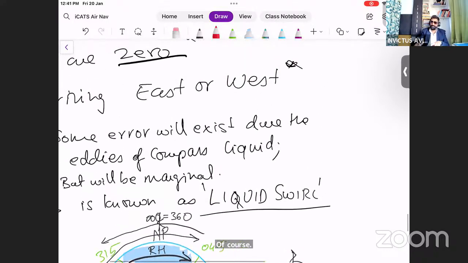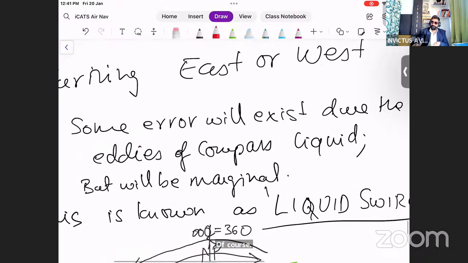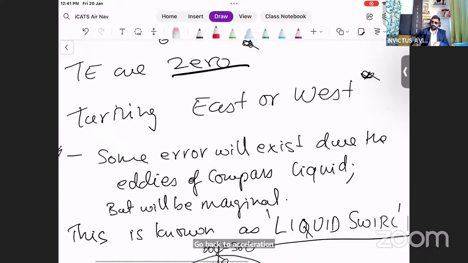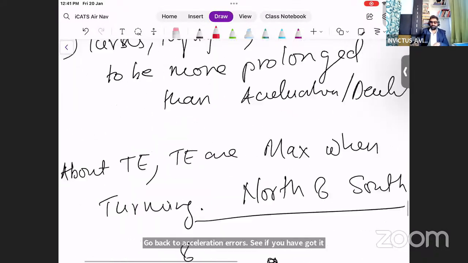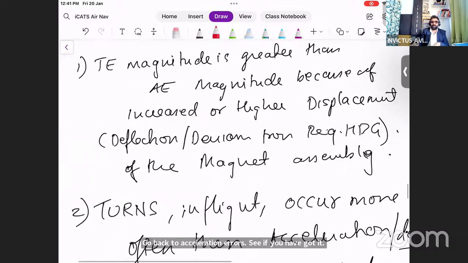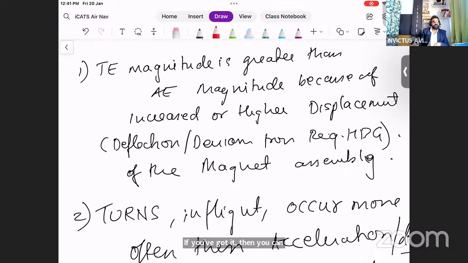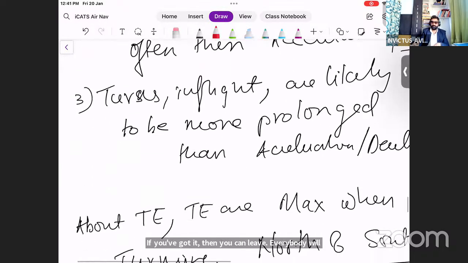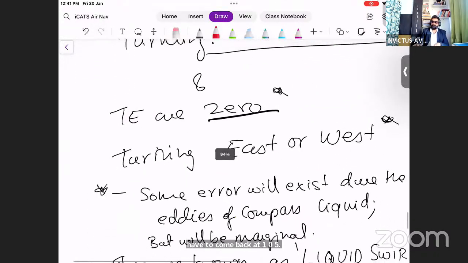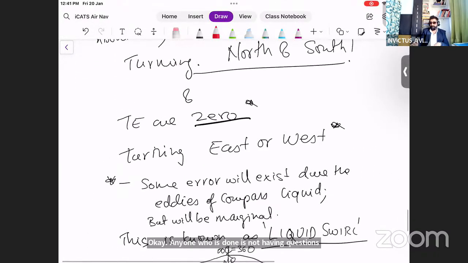Go back to acceleration errors. See if you have got it. If you have got it, then you can leave. Everybody will have to come back at 1:05. Okay. Anyone who's done, who's not having questions, can leave early for the break. No problem.